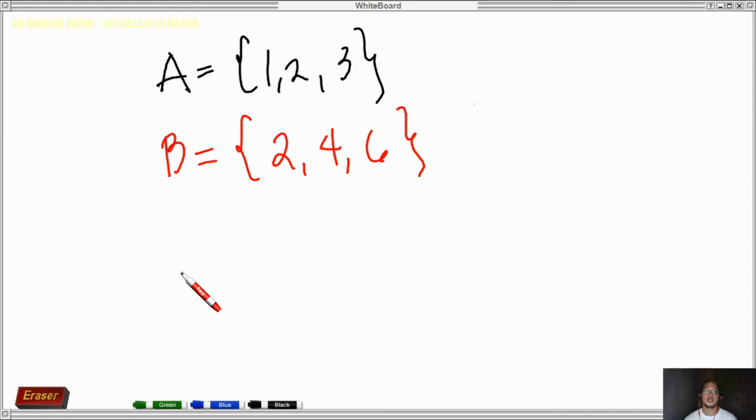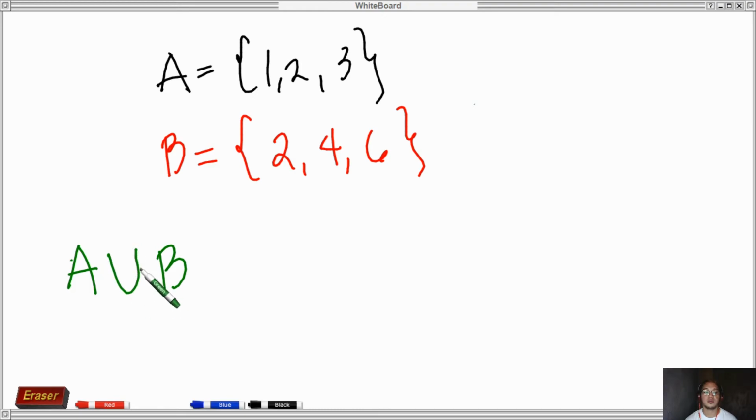Now, the union of sets, as we learned from our class modules, can be denoted with this symbol. Let's write it clearly: A union B. This is how we denote the union of sets.